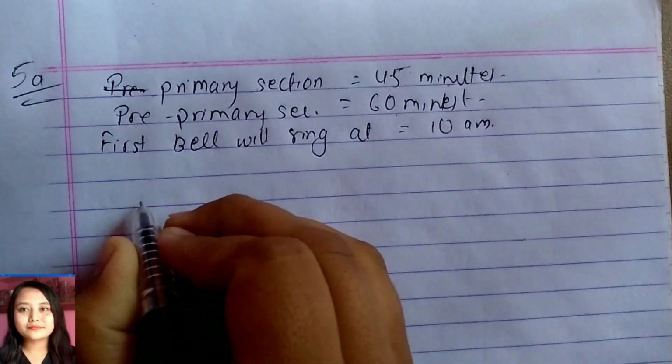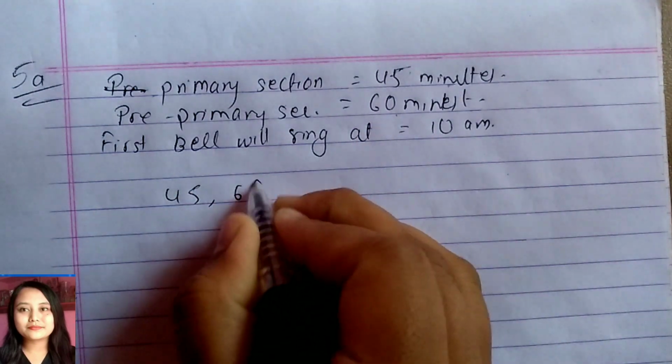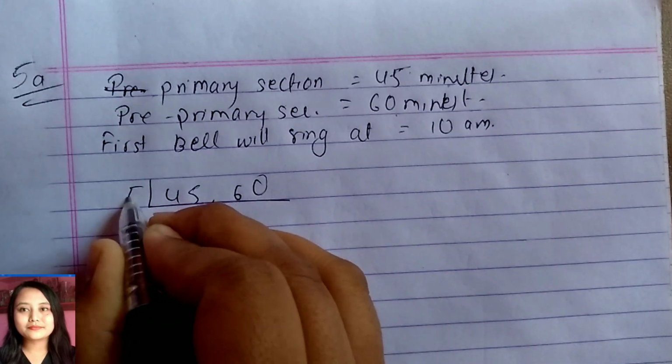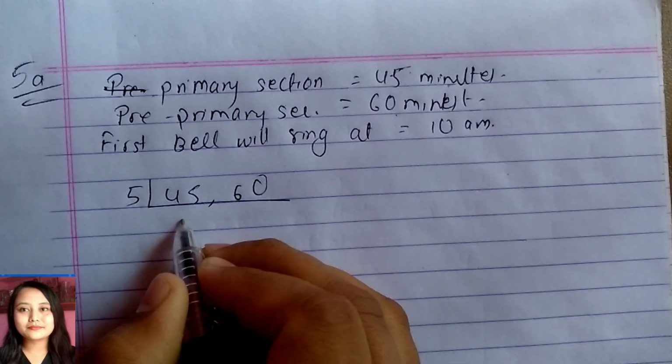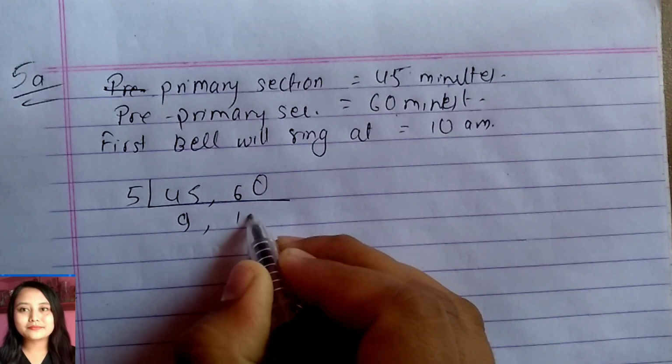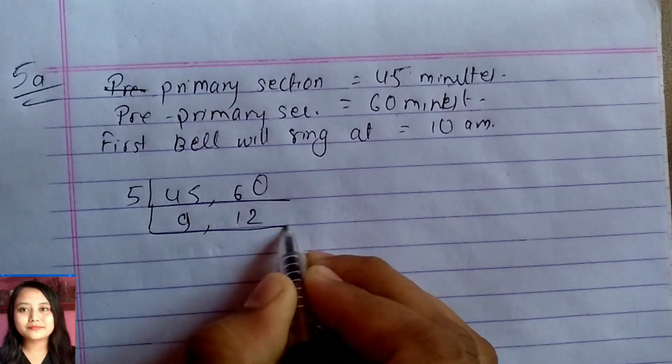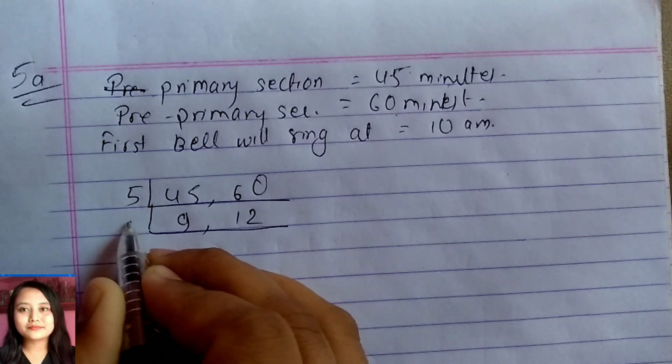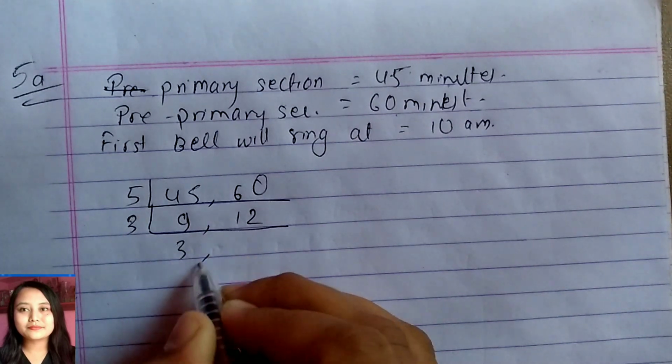Let's find out. 45 and 60 is there, and directly I'll be dividing by 5. 5 9s are 45, 5 1s are 5, 5 2s are 10. Okay, and now 3 will be dividing, 3 3s are 9 and 3 4s are 12.